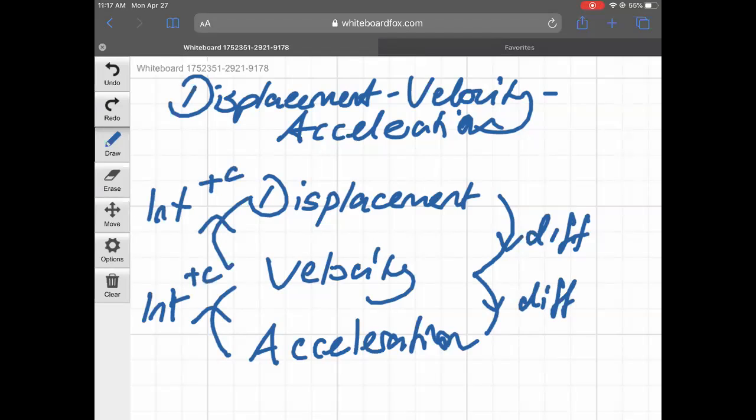So going that way is always harder. Pretty much the vast majority of the questions Cambridge ask on this topic are integration. It's not always the case, but most of them are. So we will need to consider that plus C, and in certain cases you'll have to find it. Sometimes it turns out that it's 0, all right?